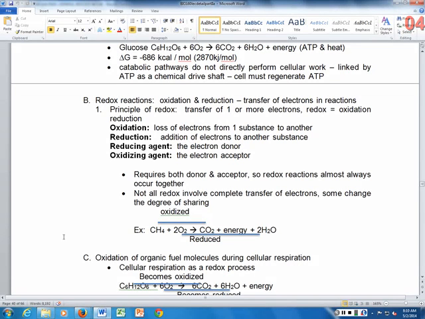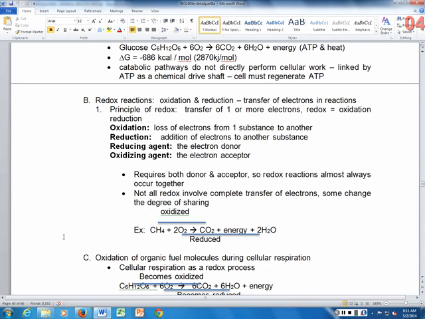And there is this mnemonic, OIL RIG: oxidized is lost, reduced is gained. The way I remember it is with reduction, it's a gain of electrons because you're gaining more negative charge, so you're reducing its charge value. It's kind of a hokey way to remember things, but it is what it is.